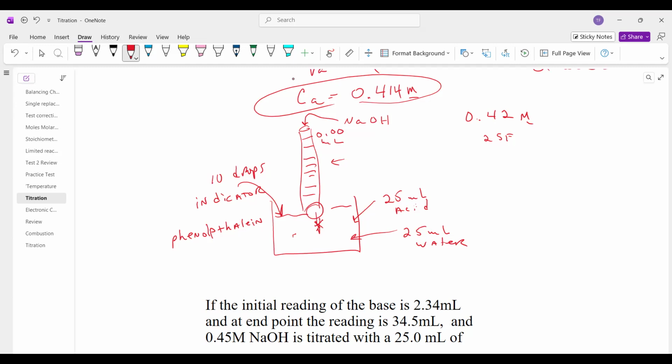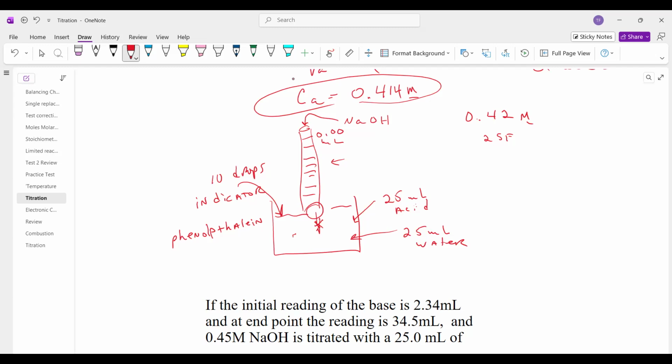When you get close, it'll turn pink and then go away because you've got to be swirling this. So this is a two-person job. One person swirls, the other one drops. So you need to join with someone. I'm going to go drip, drip, drip, drip, and then all of a sudden you're going to get pink.